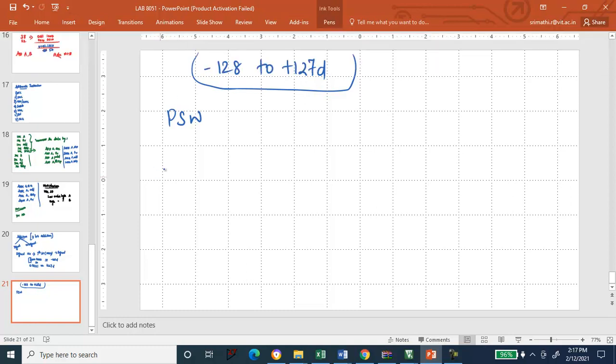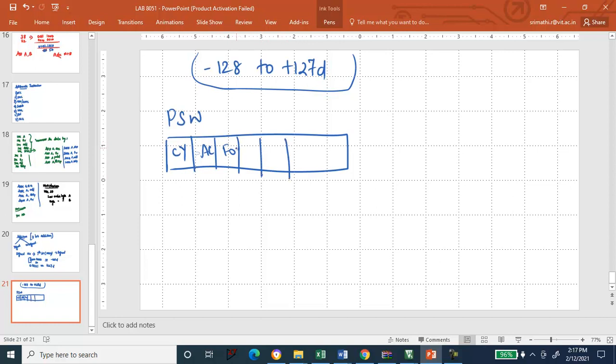So I am drawing the program status word register, which is an 8-bit register. The most significant bit represents your carry. This is your auxiliary carry. This is a user-defined bit.